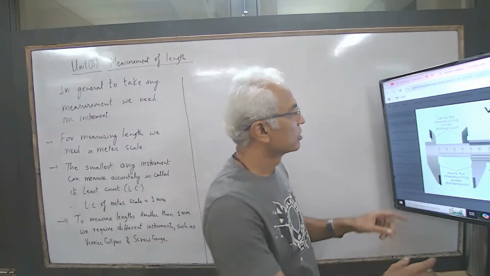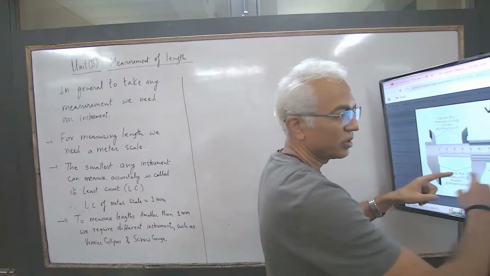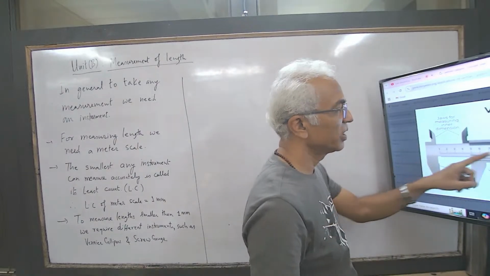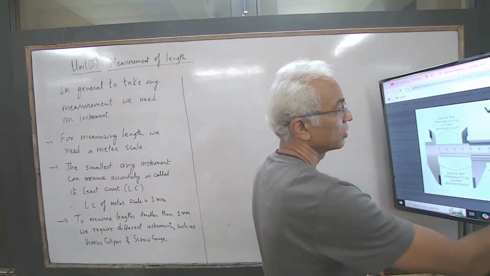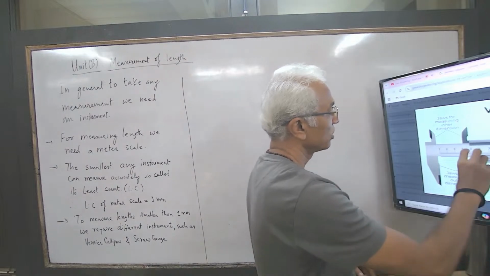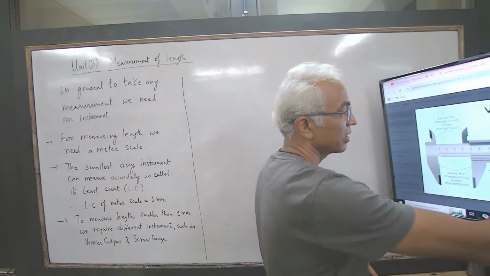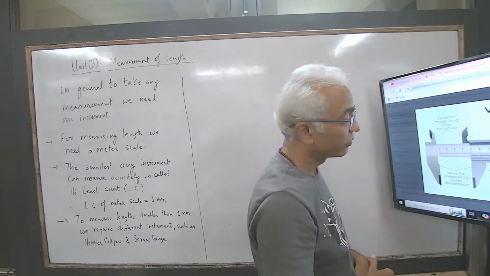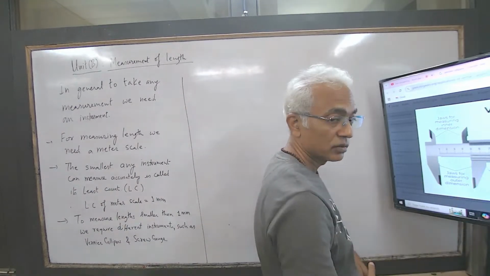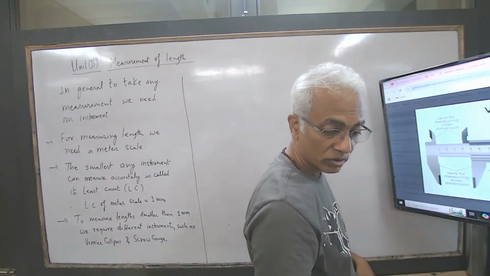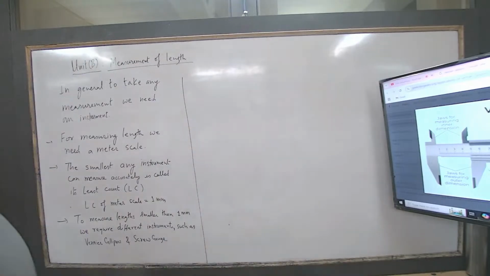So one is the usual meter scale, which is called the main scale. And there is another scale attached to this which can slide over the main scale. This is called the vernier scale. In your book you can see there is a diagram.